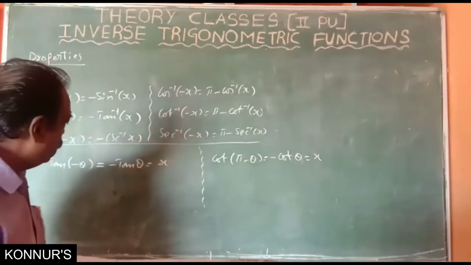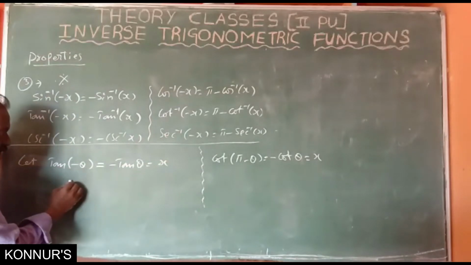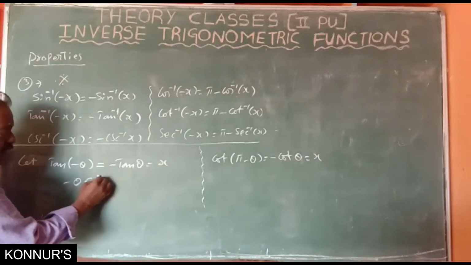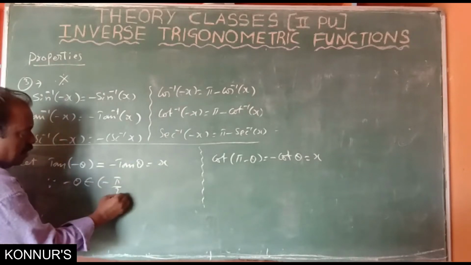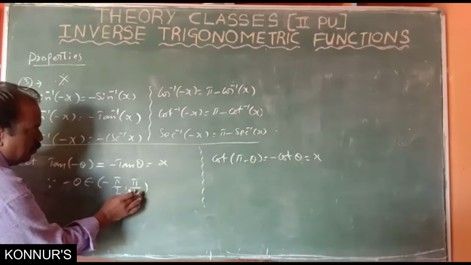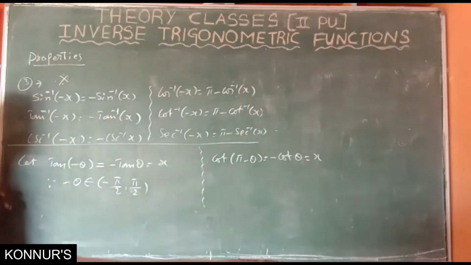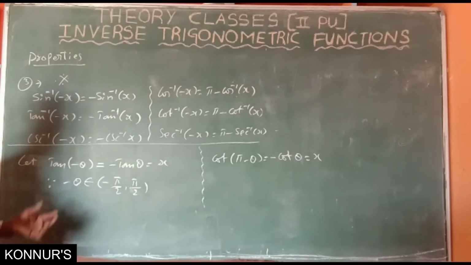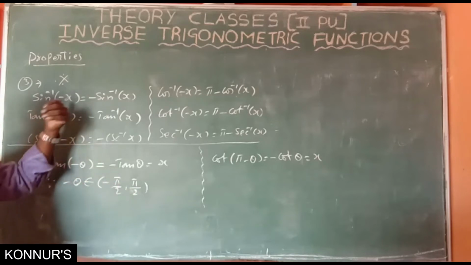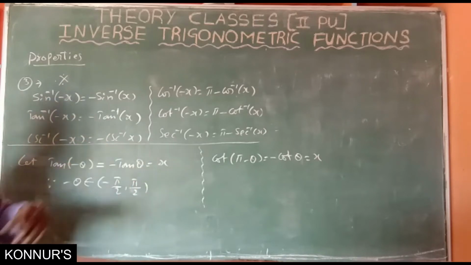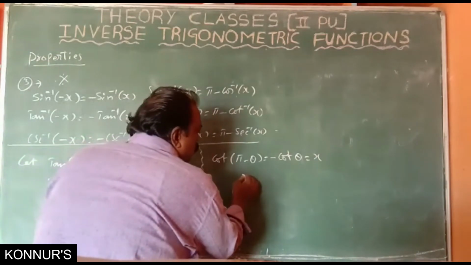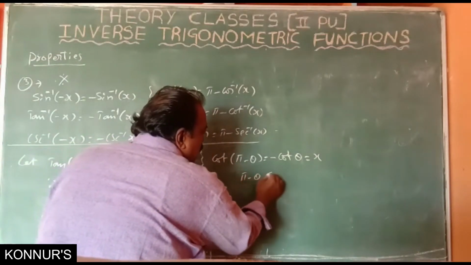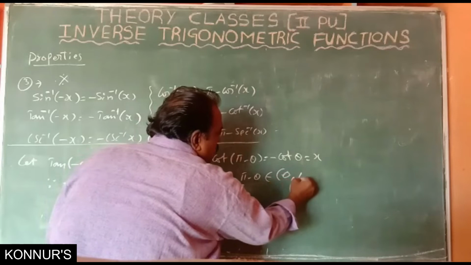But the thing is, here this angle minus theta belongs to, why? Because I am taking, it is minus pi by 2, pi by 2. The interval is there. For tan, you observe in the previous classes, I taught you this one. For tan must be just like a sine. For cot also, you say pi minus theta belongs to 0 comma pi.